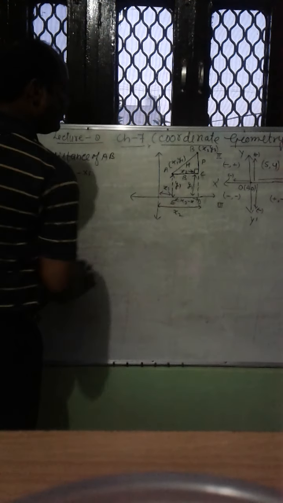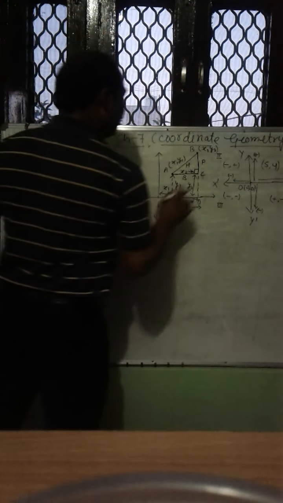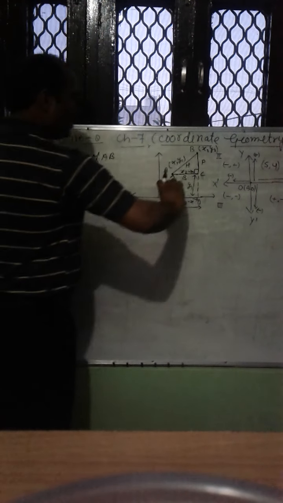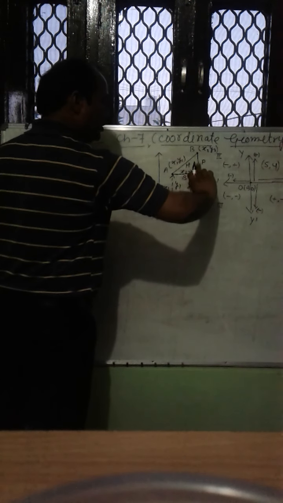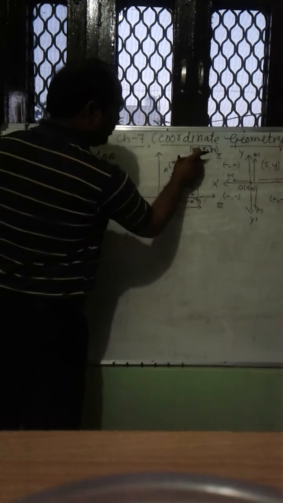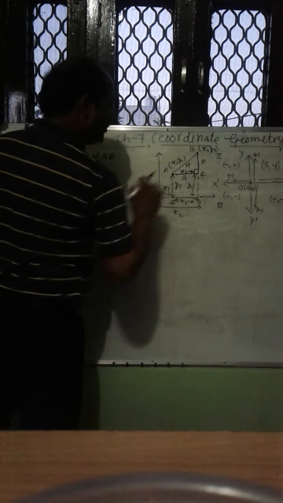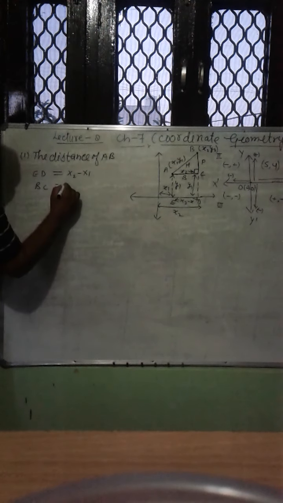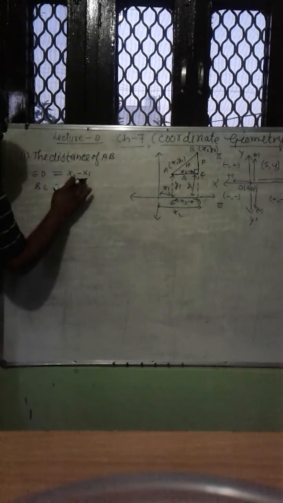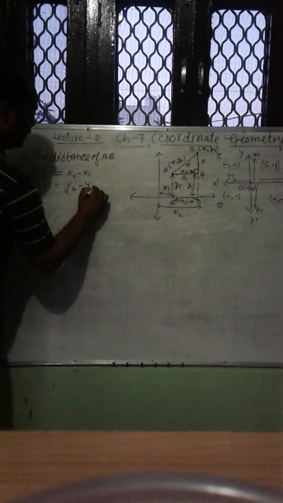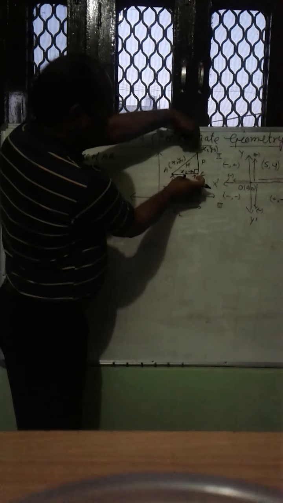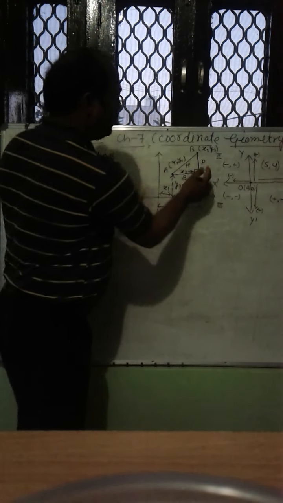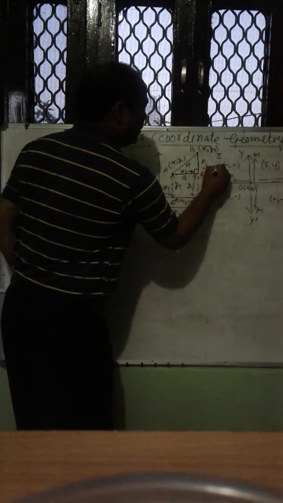The distance BC is equal to: this distance is y1, and the full distance from B to D is y2, so BC is y2 minus y1. So this is x2 minus x1, and this is y2 minus y1.